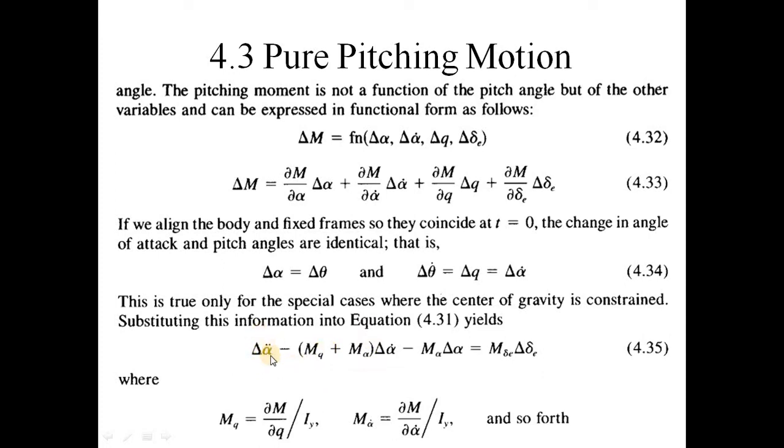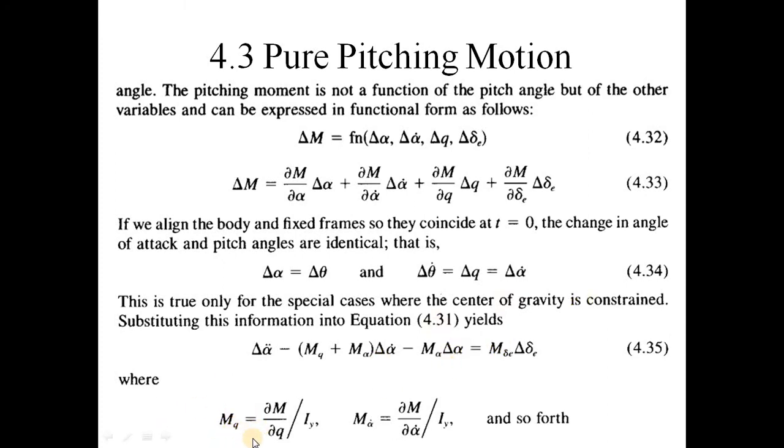Alpha double dot will be your acceleration, and this del M over del delta E is the forcing function per mass. This is coming from the elevator, because the elevator will create moment.